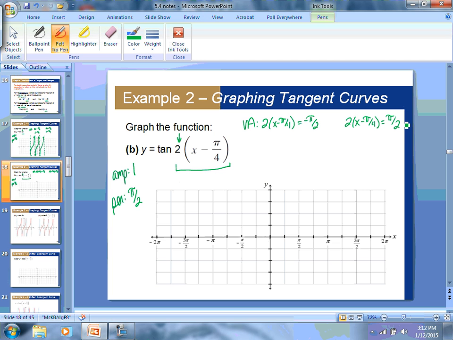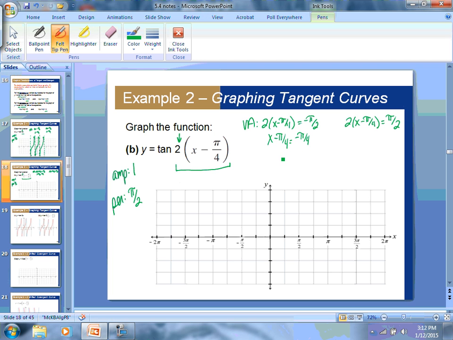Again, I'm setting it equal to negative pi over 2 and pi over 2 because that's where a tangent function is undefined. If tangent is sine over cosine, cosine is 0 at pi over 2 and negative pi over 2. Remember, negative pi over 2 is 3 pi over 2. Okay, so then I'm going to solve these for x. I'll divide by 2 on both sides. So then I get x minus pi over 4 equals negative pi over 4.